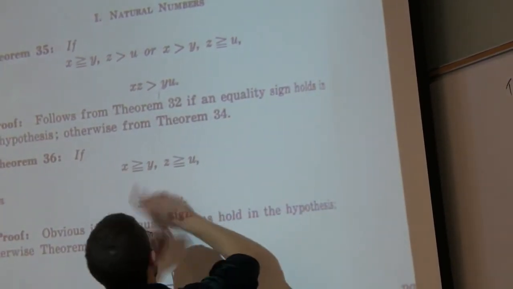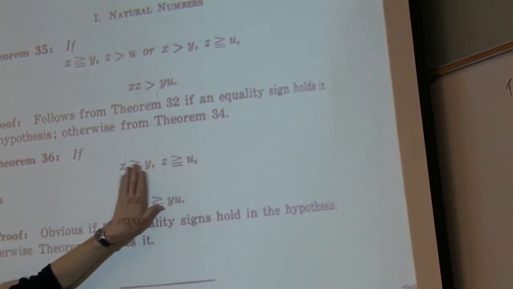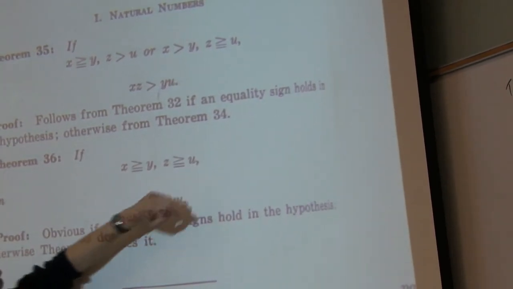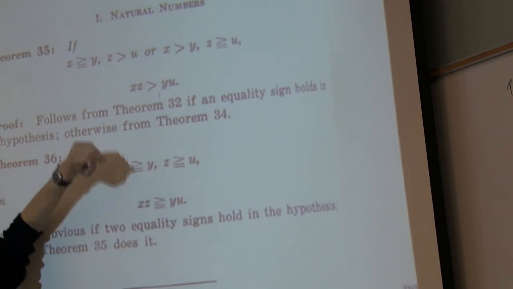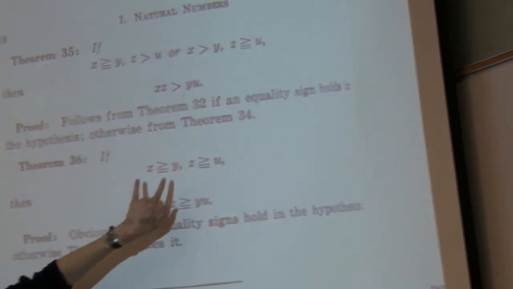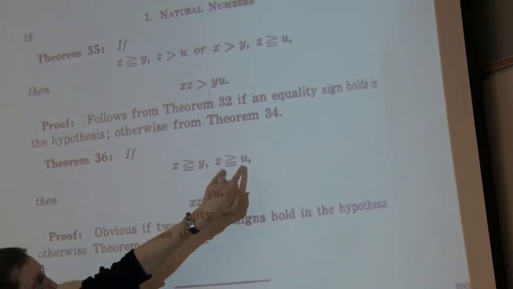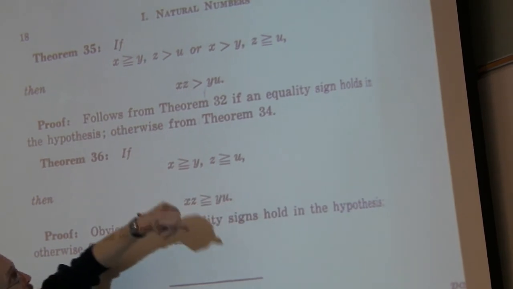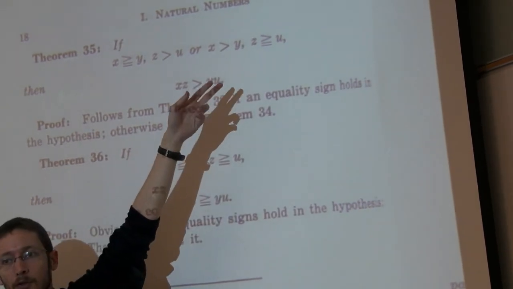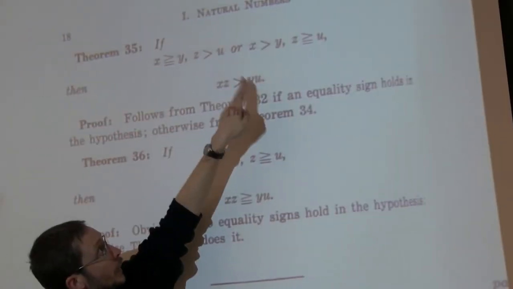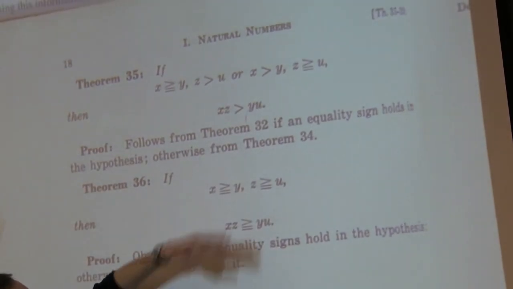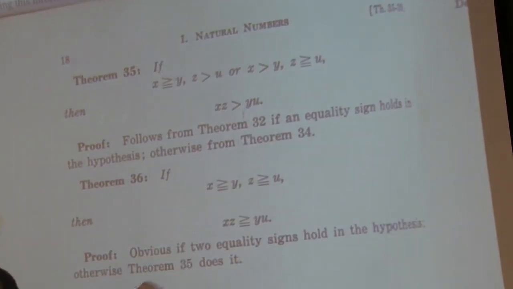Or you could have that x is greater than or equal to y, and z is greater than u, in which case that part of theorem 35 holds. Or you could have that x is greater than y, and z is at least u, in which case the second part of theorem 35 will hold, which we didn't prove, but it's basically the same proof. And so this one we don't need to reprove anything, we just get to apply proven theorems.